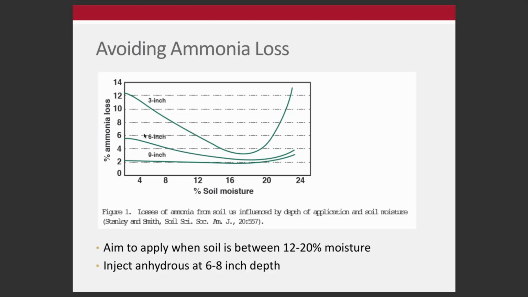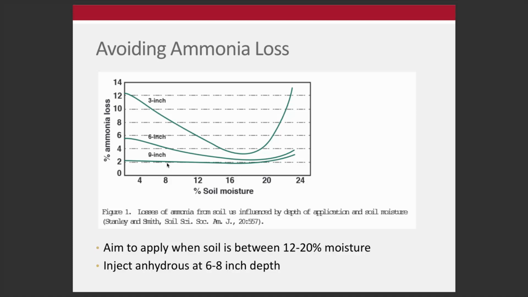just showing different depth placements of the applicator: 3 inches, 6 inches, and 9 inches, and how that's driven by soil moisture. And then this is percent loss. So you can see the moisture, when it's placed, say, at 9 inches, has very little effect on the actual loss of ammonia.